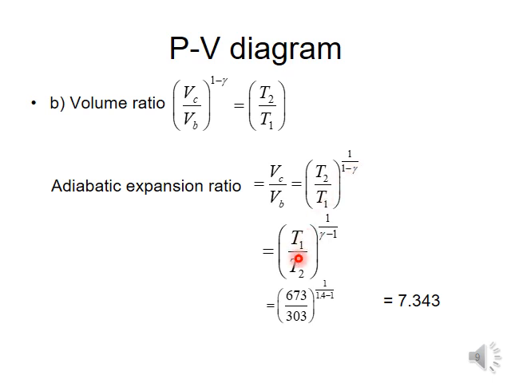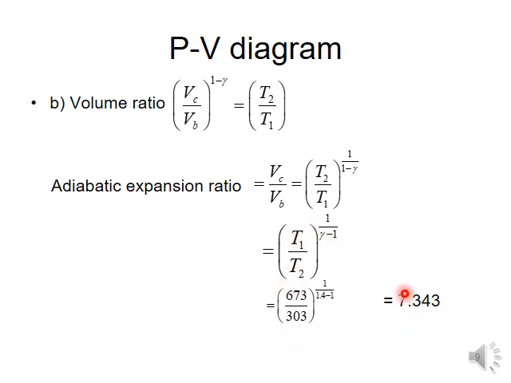If you interchange the numerator and denominator, T1 by T2 gives the power minus 1 by 1 minus gamma, which becomes 1 by gamma minus 1. We know the T1 value, T2 value and the gamma value. Substitute all the values in T1 by T2 whole power 1 by gamma minus 1.